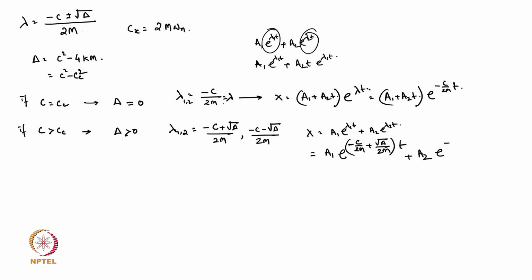A2 e to the power of minus c by 2m minus root delta by 2m into t. Okay, I get that. Now I think you can remember, suppose if you have, let's say x to the power a plus b, we can write x to the power a into x to the power of b. Very simple, just to recall that thing.